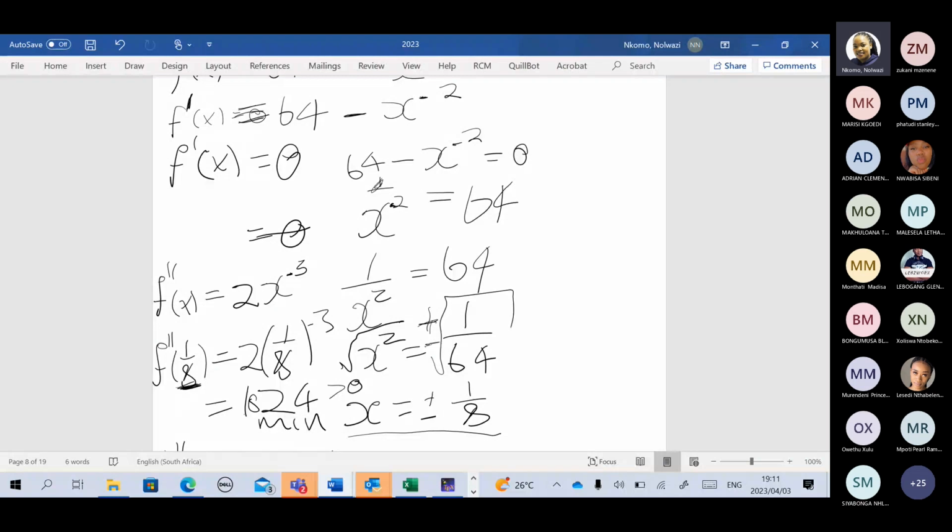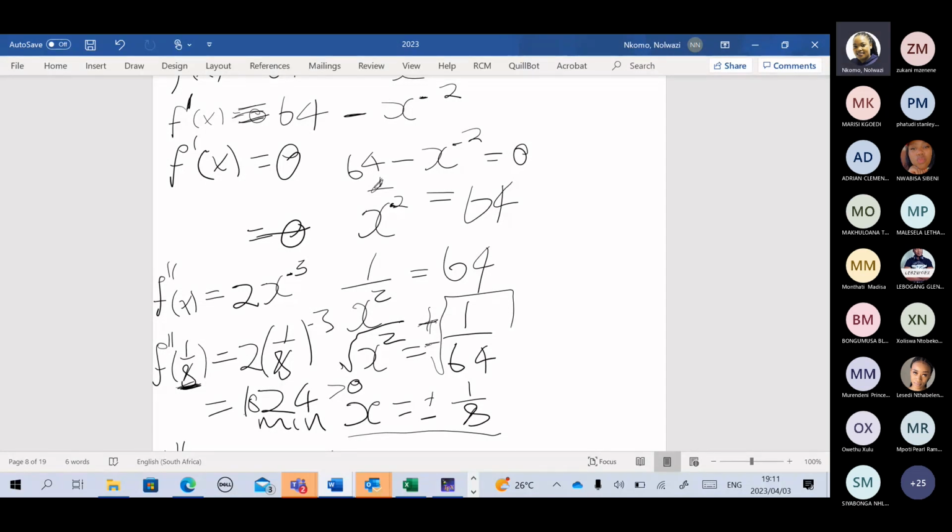Because if you are asked to find the stationary point or coordinates, you'll have to find the other corresponding value by substituting back to the original function. But still, after finding that, you still have to substitute your x on the second derivative to find the nature of that point.